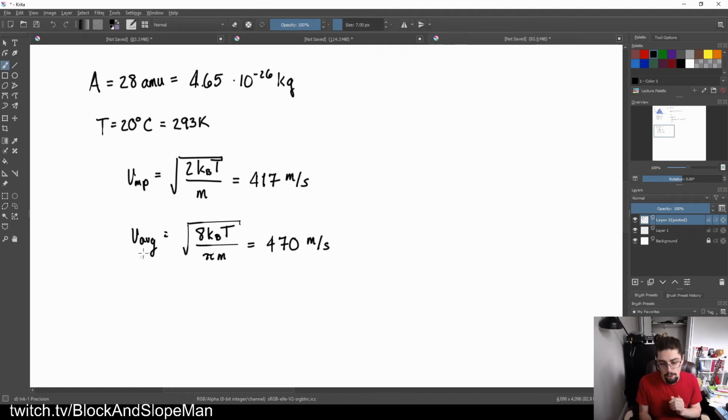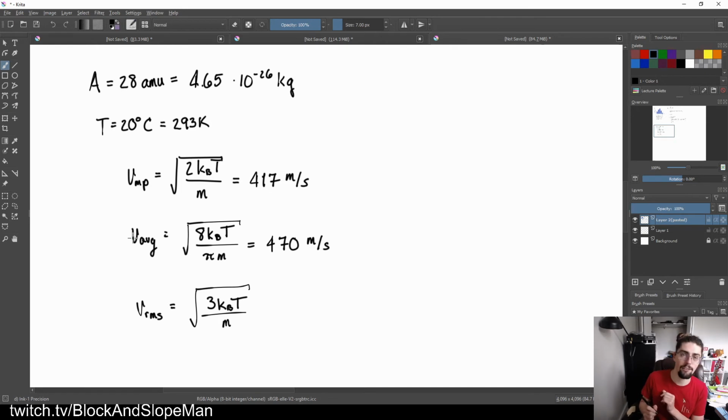Now, we're not going to use V average in a lot of our calculations, but it does occasionally have some use like that, right? Instead, what we're much more frequently going to use is the VRMS, which is the square root of 3 kBT over M. It's a fun use of average velocity, and I love to go off on that tangent all the time.